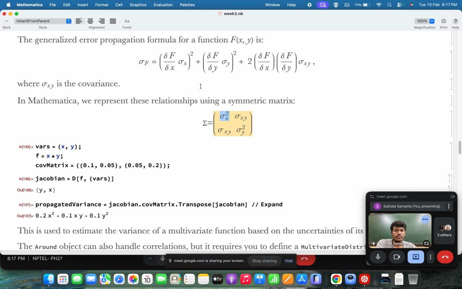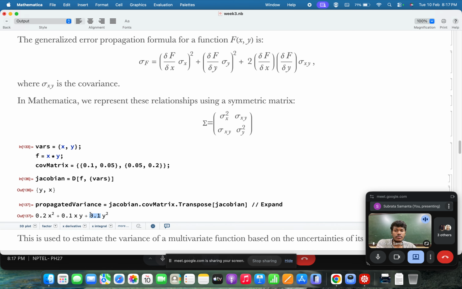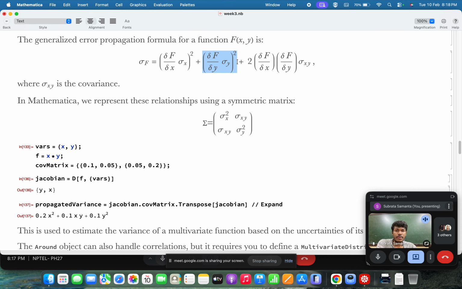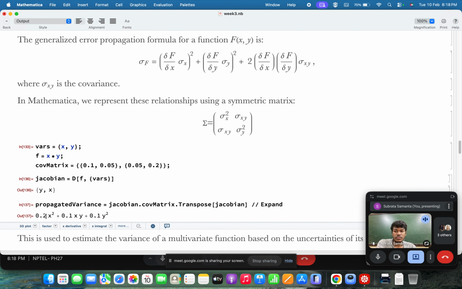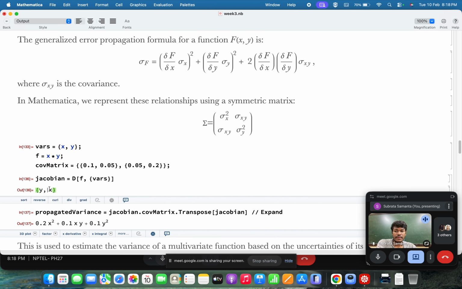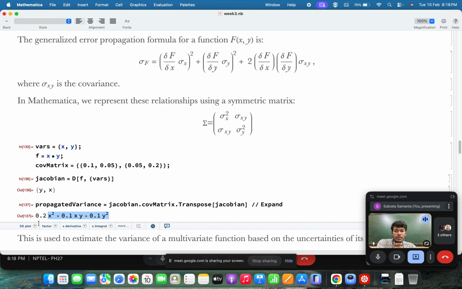Okay. So, sigma x square is 0.1. So, that is why you are not squaring again. Okay. And the second one is basically sigma y square. So, sigma y square is basically your 0.2. Okay. So, you see I define sigma y square here, okay, in the matrix. So, this is basically your 0.2. So, that is why 0.2 times x square. Okay.